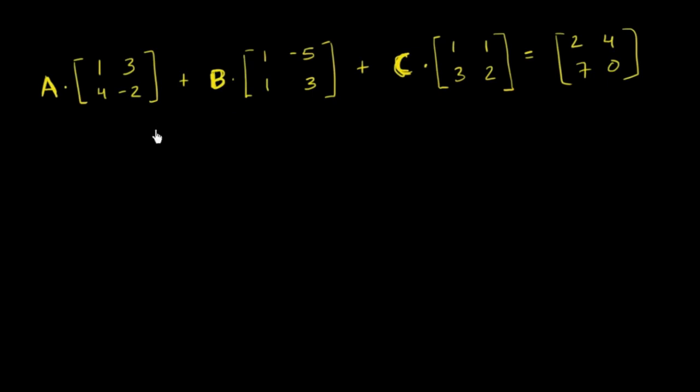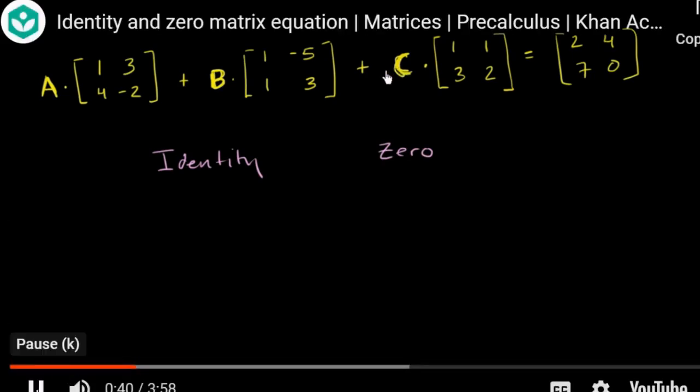They're each either going to be an identity matrix or a 0 matrix. So given that clue, can you pause this video and essentially solve this puzzle? Which of these are identity matrices and which of these are 0 matrices?